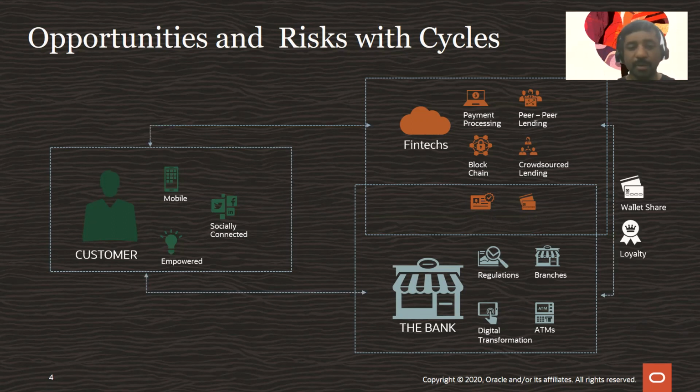And when we do that, it establishes trust and loyalty between all the parties involved. So the customer needs the financial services offered by the bank. The fintech companies need customers to make transactions. The bank also needs customers to make transactions.